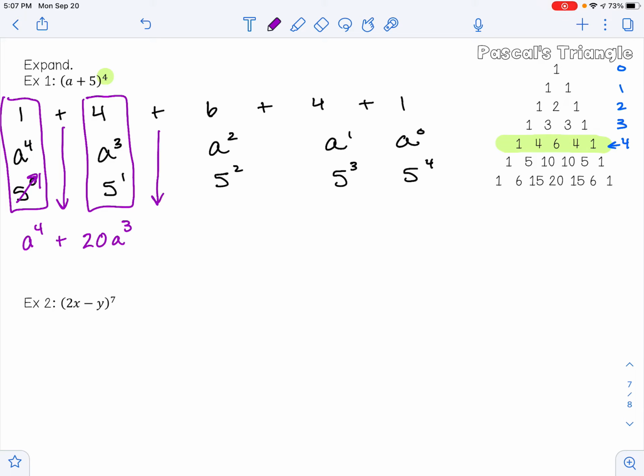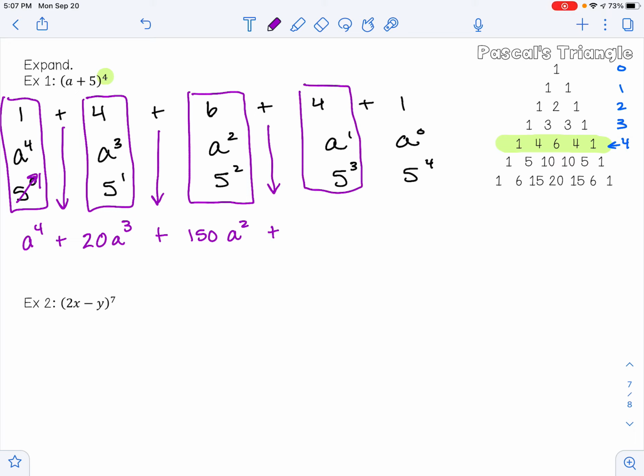Bring down my plus sign. 5 squared is 25. Let me grab my calculator. Turn on calculator. There we go. So I'm going to do 25 times 6 is 150. This is going to give me 150a squared. Bring down that plus sign.